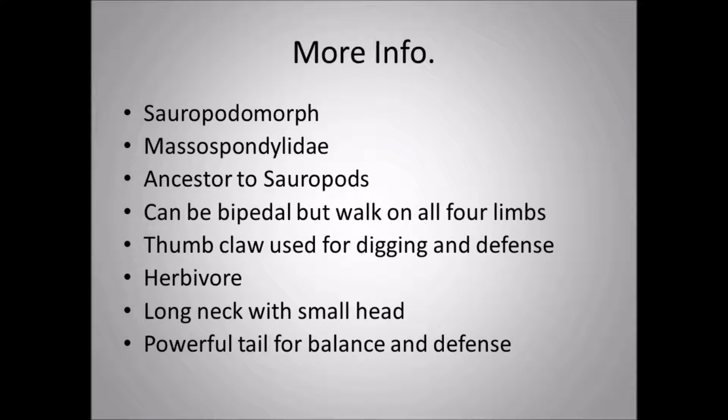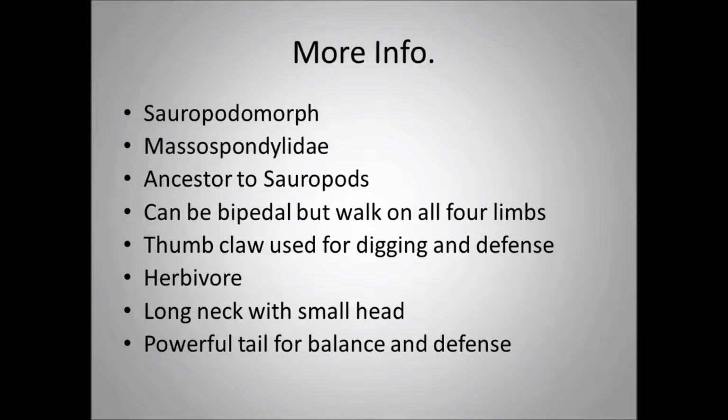And like most of the sauropodomorphs, they're the ancestors to the sauropods. Once you branch off from the sauropodomorphs, you get the actual sauropods. That's where you start to see some similarities, but also some differences.